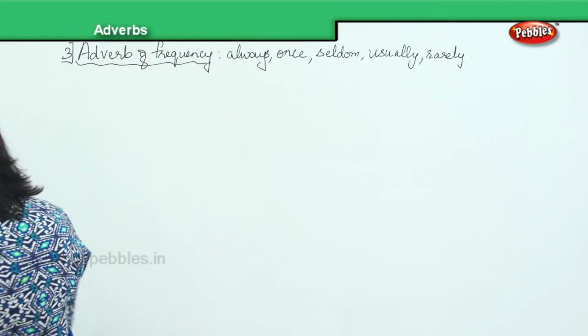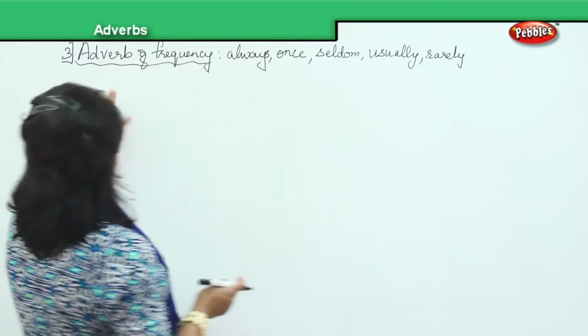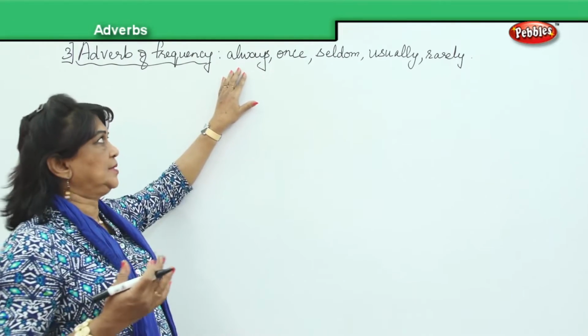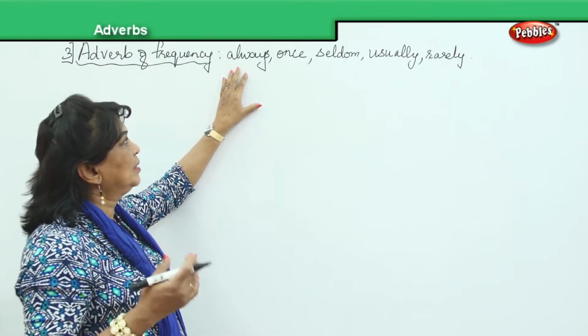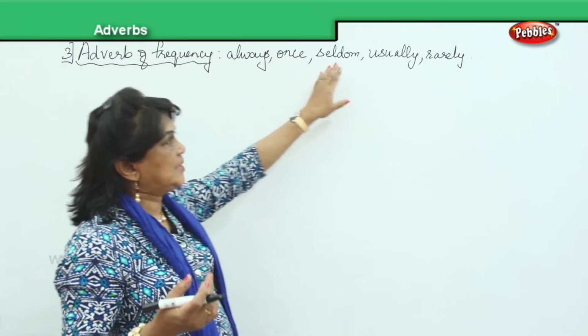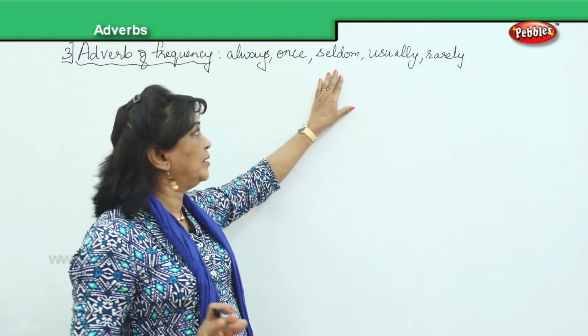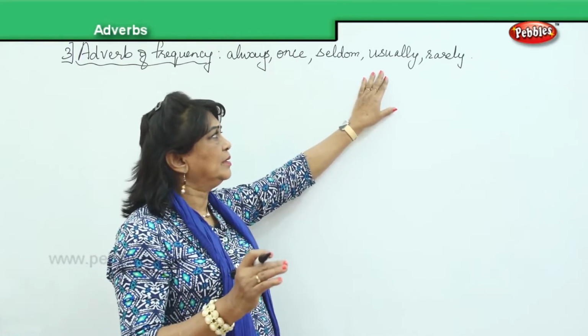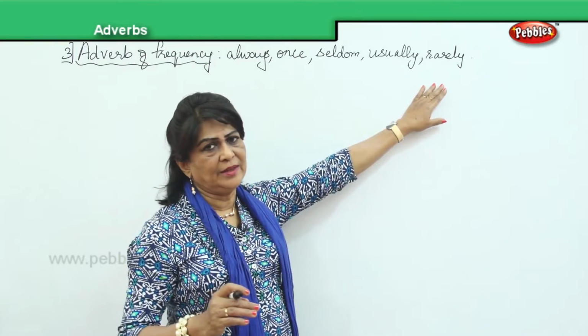We'll just see now. That is always. How often? Or once, or twice, or thrice, or seldom. Seldom means never. Usually and rarely.